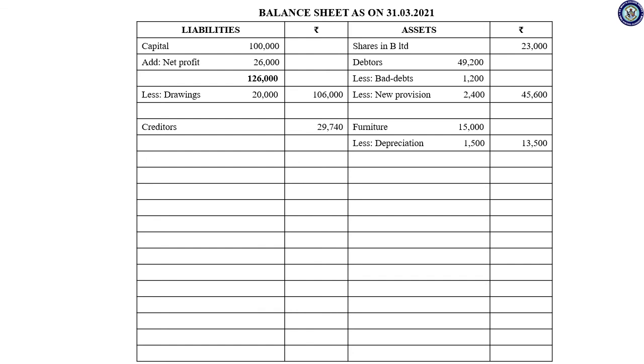The net figure is 13,500 in the outer column. After furniture, bank, that is an asset, bank 6,840.